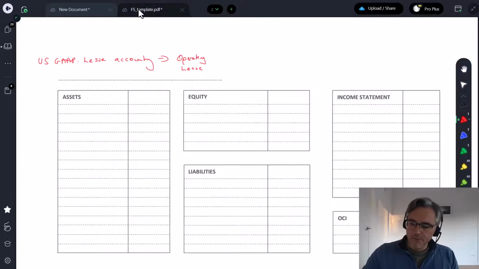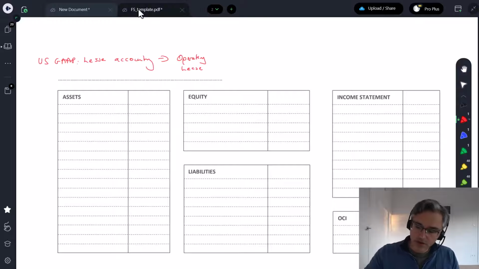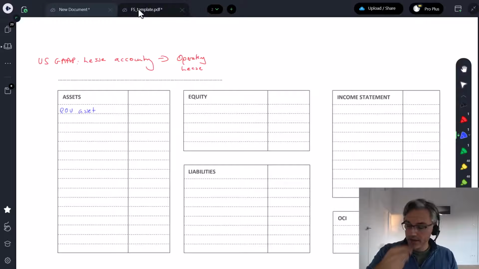Right, so initially, things are exactly the same as they would be under the finance lease approach or under the IFRS approach. You recognize the ROU asset, the right of use asset, and a corresponding lease liability.